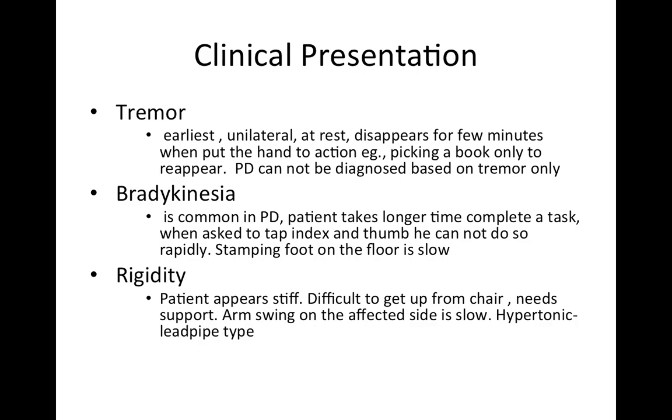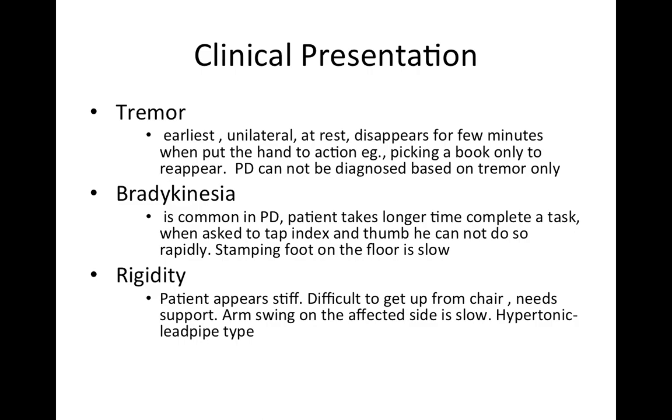Then third symptom is rigidity. When you look at the patient, he appears stiff. He feels difficulty to get up from chair without support. And you can also see the stiffness in the hand as the arm swing is slow on the affected side. When you examine the patient for passive movement around a joint, there is hypertonicity, which is lead pipe type.